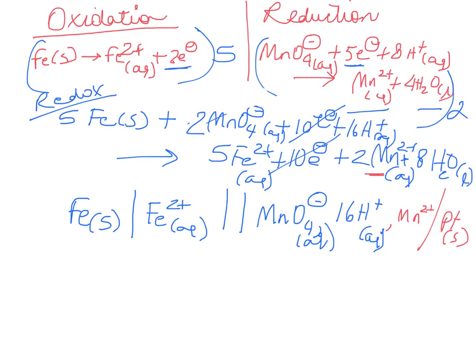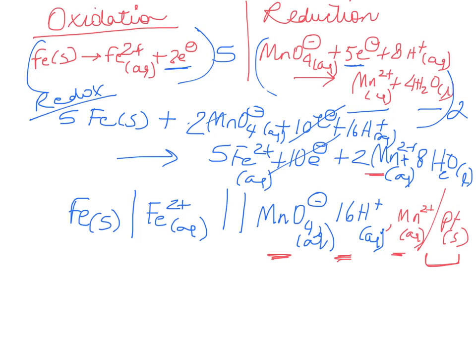The platinum being on the far right tells you that the inert platinum electrode acts as the cathode. Even so, what's happening is that the permanganate is reacting under acidic conditions to give Mn2+. All of those are aqueous phase.